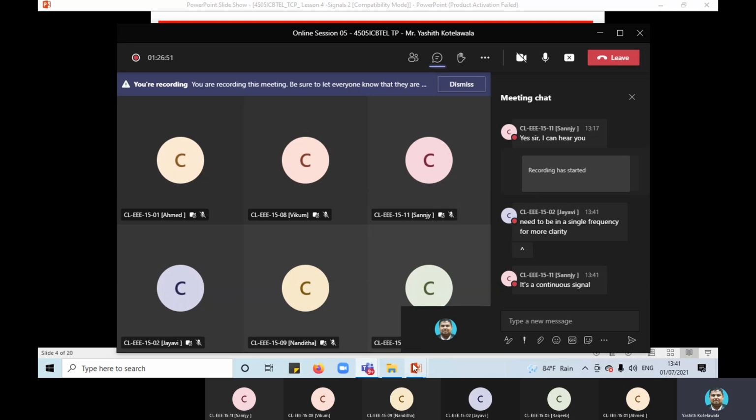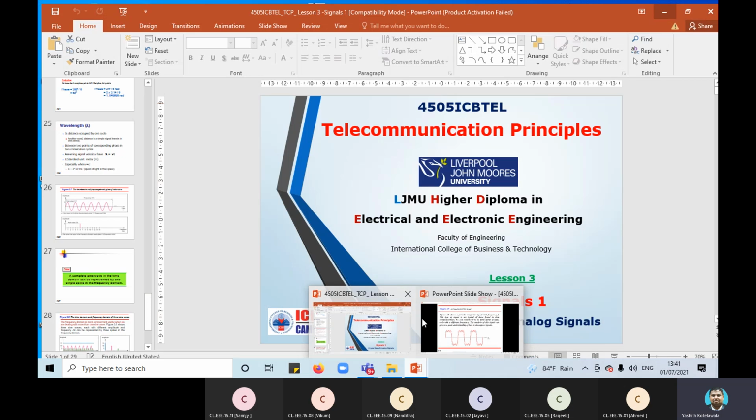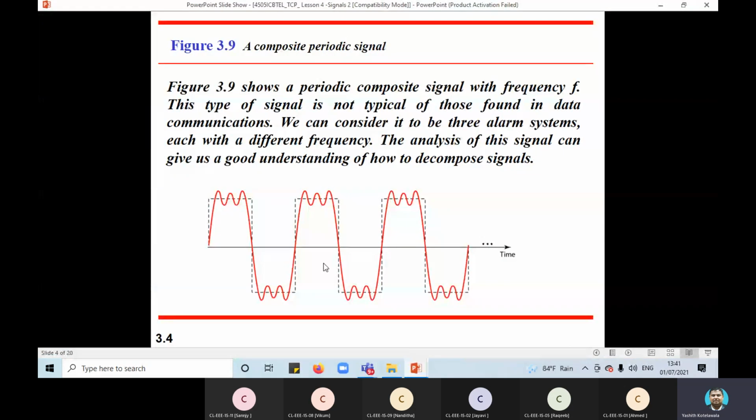No. The problem with this signal, now try to understand data communication. That's why I wanted you to be clear with the term data. Data communication means communicating binary digits or digitized information. So to interpret binary digits, there is a logic. That's what you were learning in digital electronics.